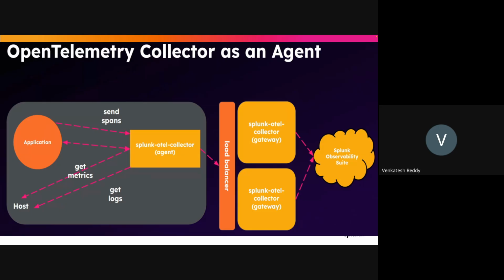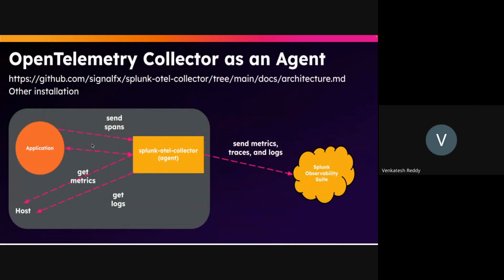Or you might want to collect data from certain endpoints like the Kubernetes APIs, where you want to collect only one time from the APIs. Then you can use this gateway mode. Otherwise, you can use the agent.